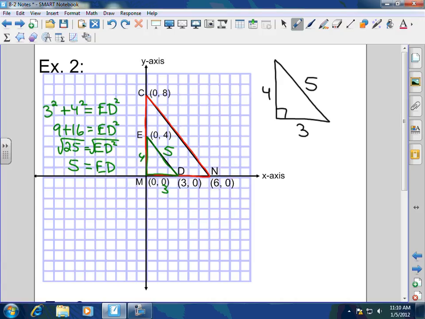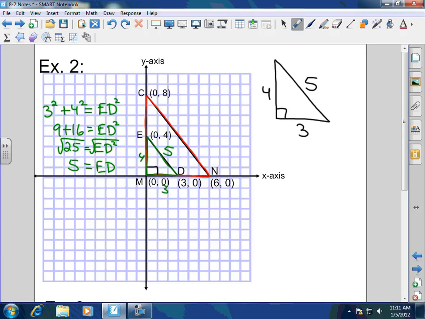Yes, sir? You're not assuming a right angle. Thank you, son. This is a vertical line, the y-axis. The x-axis is a horizontal line with a slope of 0. That means that their slopes are negative reciprocals of each other, and you have a 90-degree angle right here.